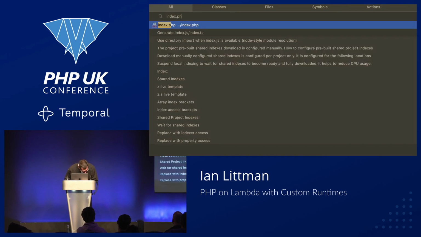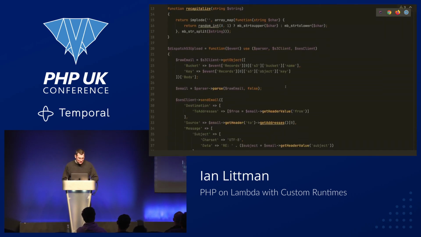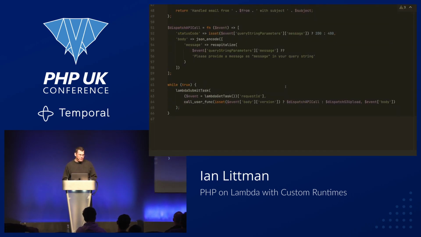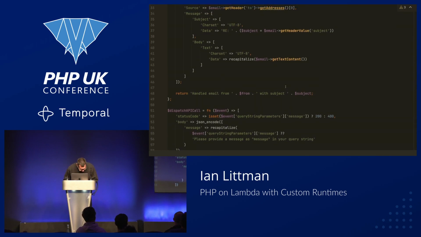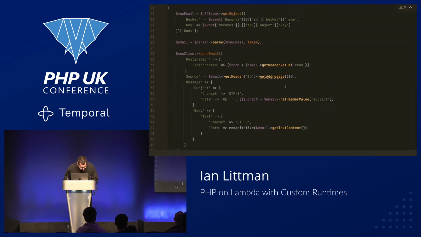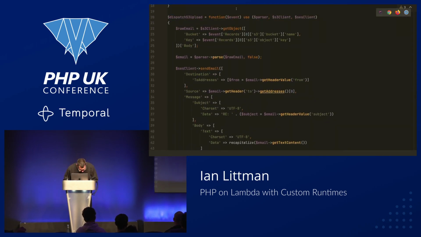If we look at the index file, I have both the API-facing code that we'll see in a minute, as well as the SES processing code in here. And in the case of seeing an SES event, we actually grab the entire email object because the SES integration with Lambda does not include the email content.